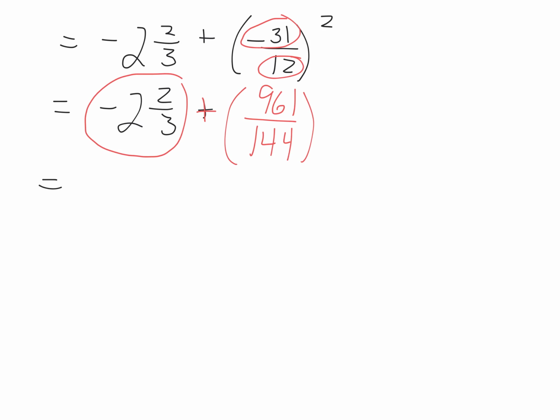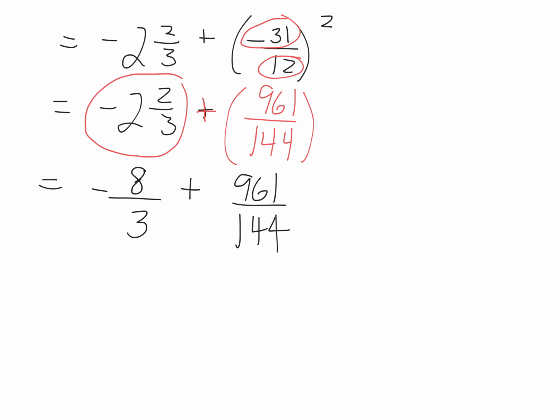We're adding fractions, so we need a common denominator again. So I'm going to turn negative 2 2/3 into an improper fraction. What does it become? All of you got this right? Negative 8 over 3. So I'm taking negative 8 over 3 and adding it to 961 over 144. What is the common denominator of 3 and 144?